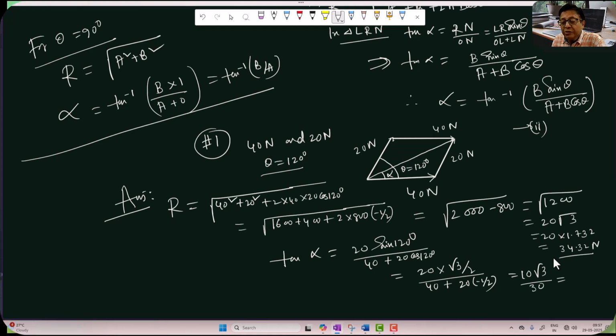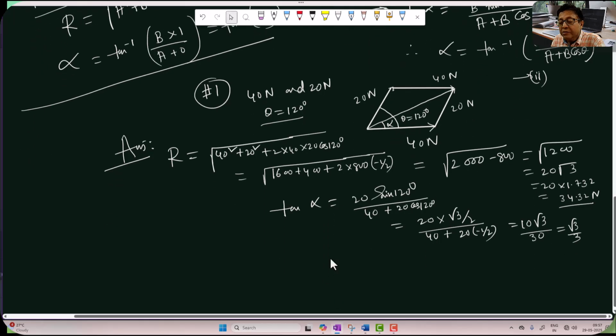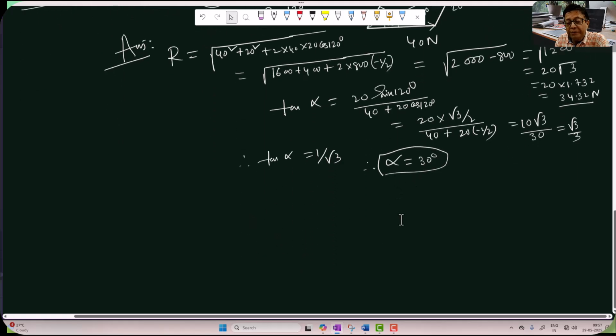So this is 10 root 3 by 40 minus 10, that is 30. Root 3 by 3. So tan alpha is what? Tan alpha is 1 by root 3. So alpha equal to 30 degree.